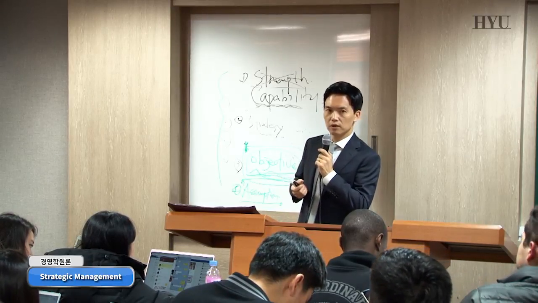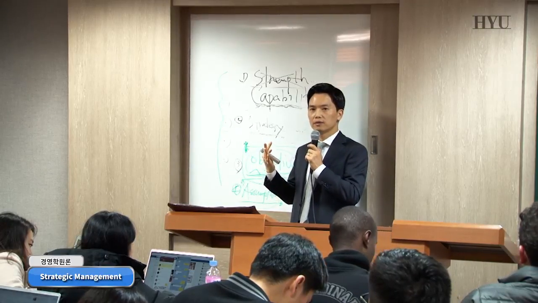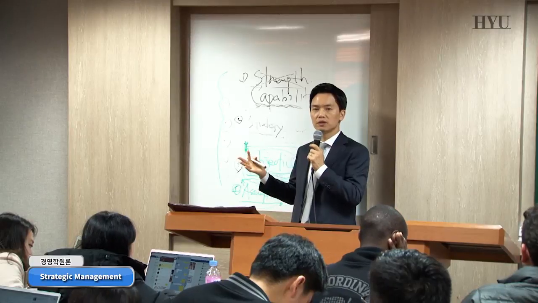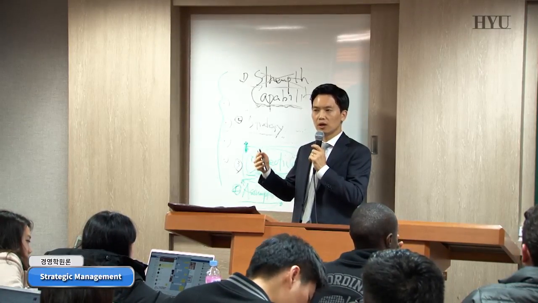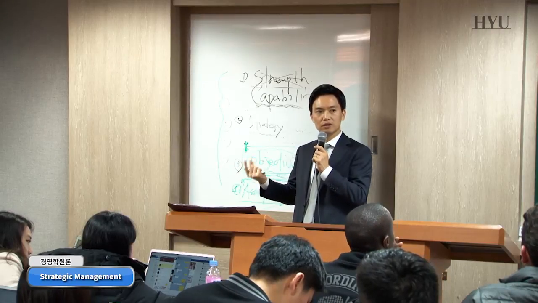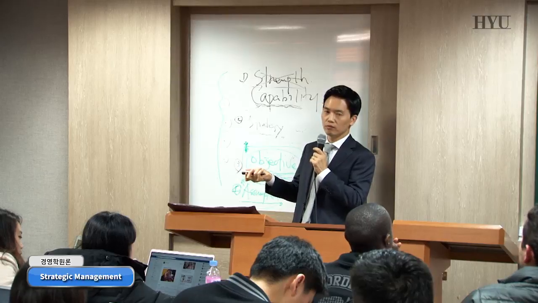Obviously, if you see a new kind of business or new kind of industry, to conceptualize that business and industry, try to think about that industry by using this one, right?